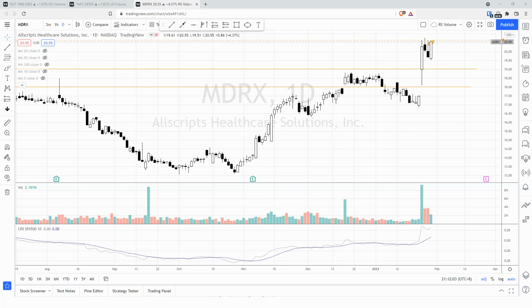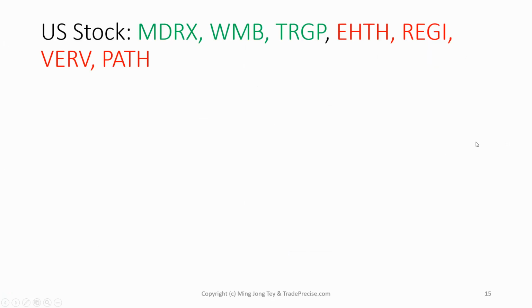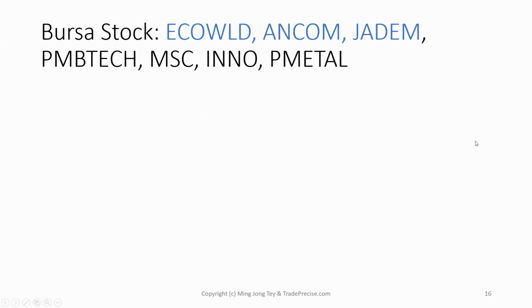Next one, I will show you Bursa. Okay, so Bursa, the ones in blue are those that I covered last Sunday, and I think these are some of the new stocks, but well, not really new, I also covered them before.